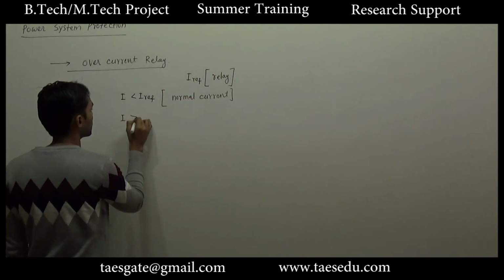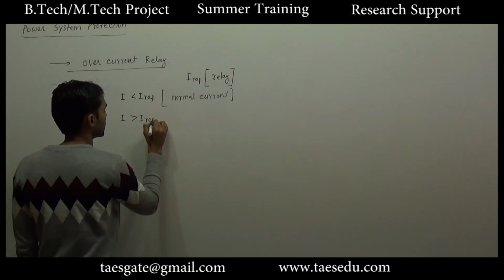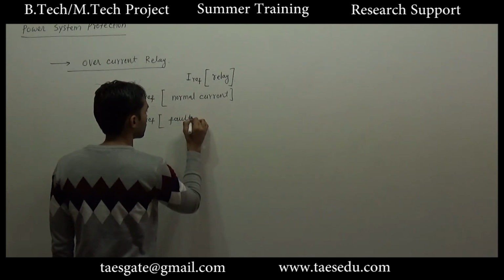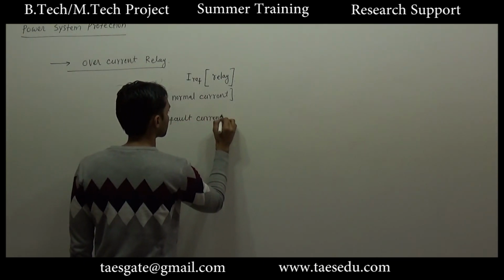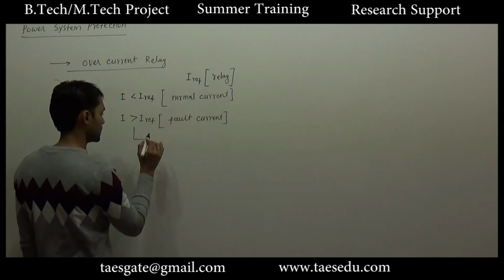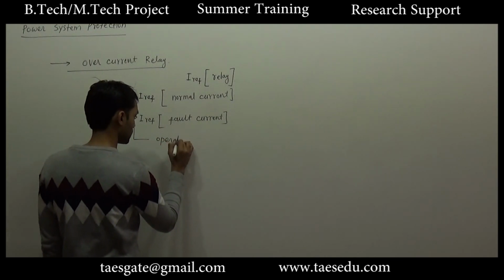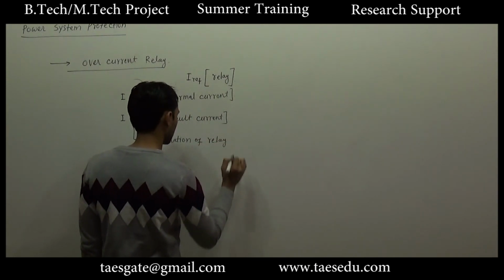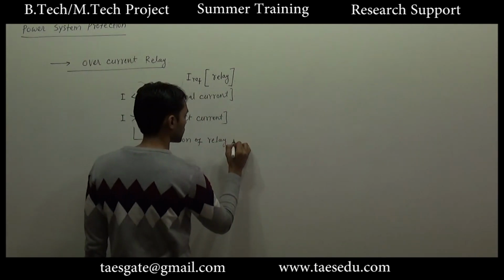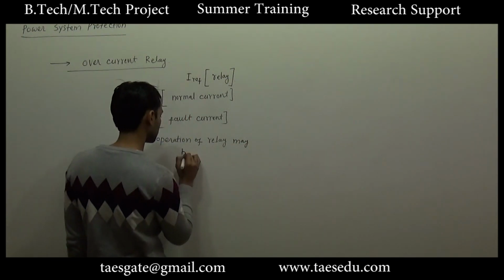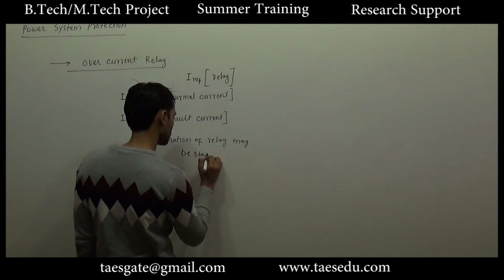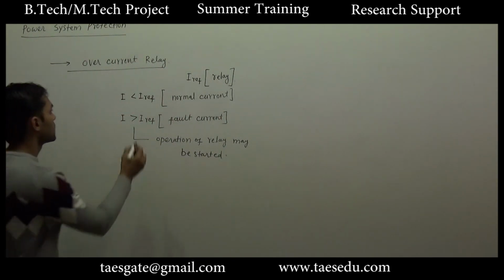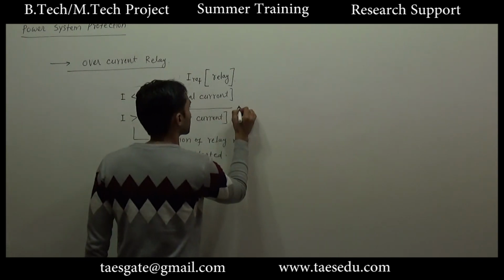If the line current is greater than the reference current, it is treated as fault current, and for this condition the operation of the relay can be started.